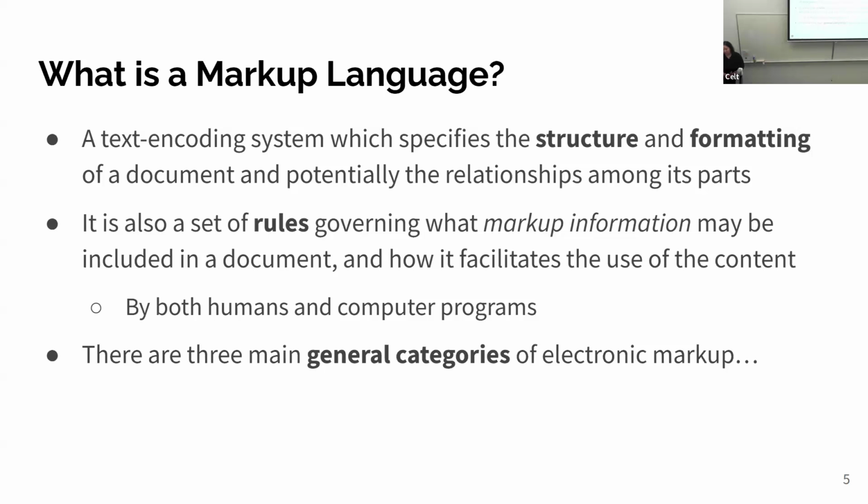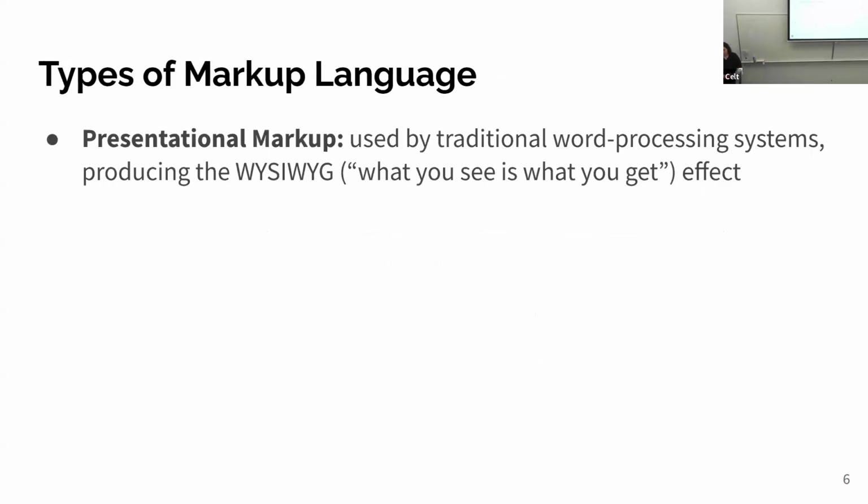So there are three main general categories of electronic markup. First is what's called presentational markup, which is used by traditional word processing systems, which produces what you see is what you get.